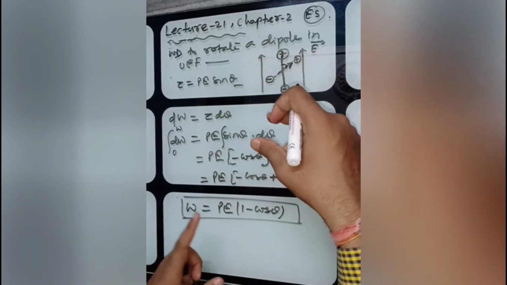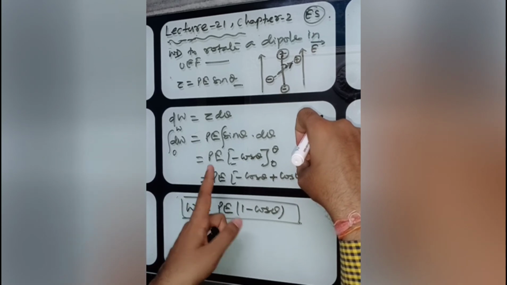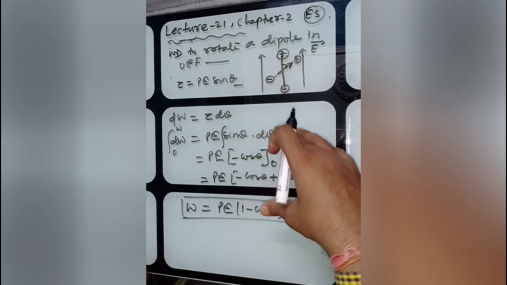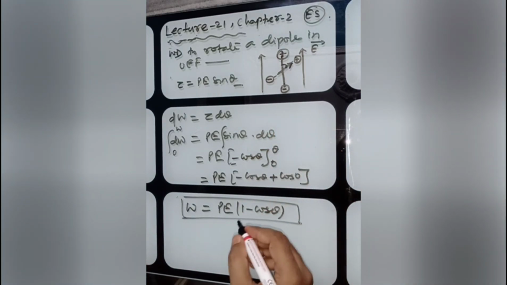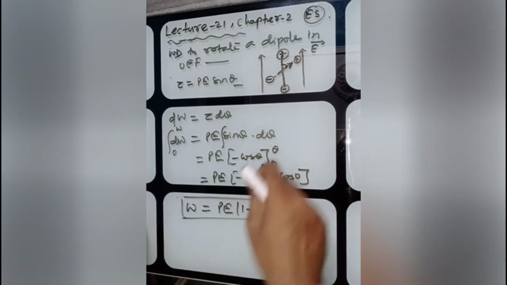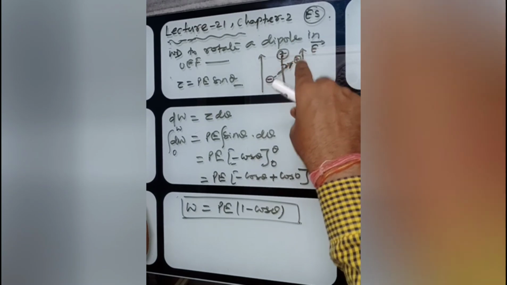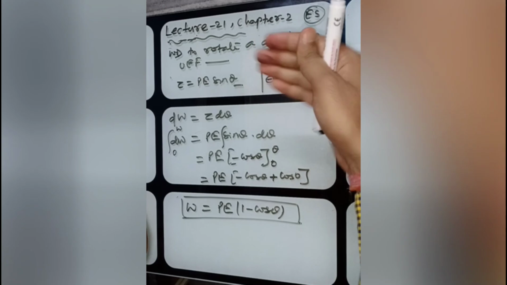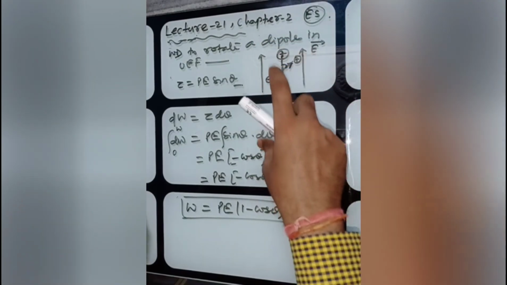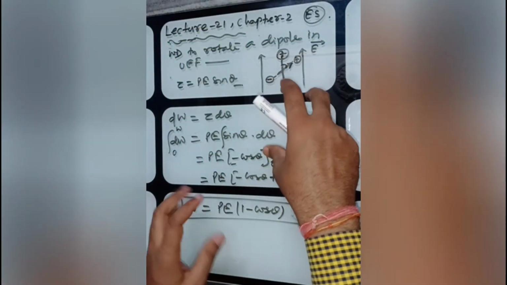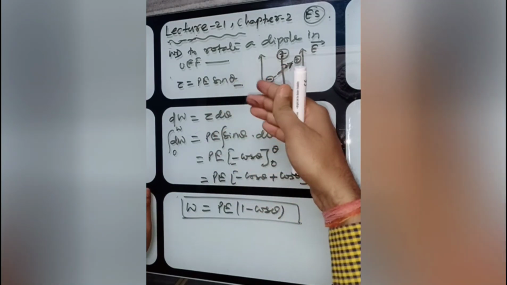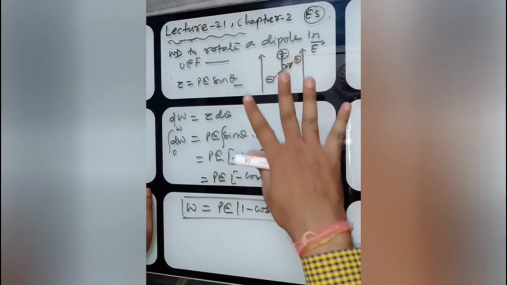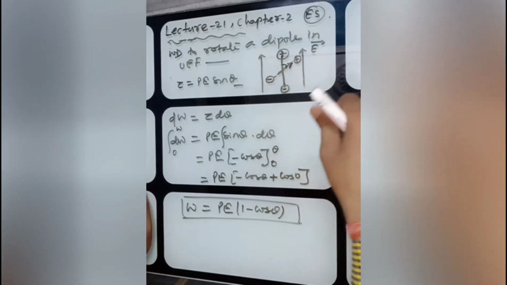In that case, you have to just change the integration limit, my dear student. This will rotate by a certain angle and you will get a certain value. I think I'll discuss this particular topic in the next lecture because in a very short time you will not get the proper concept, and you will be able to solve it by yourself. That is not very tough, my dear student.